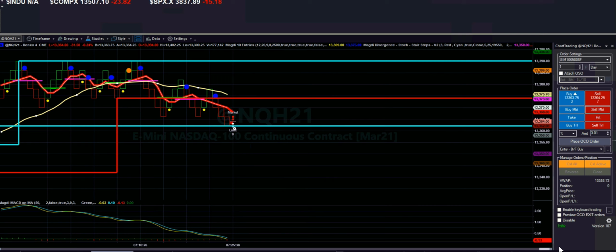I take the small and the big one. Look at this, it's going up. The bar is stuck right here on this support.